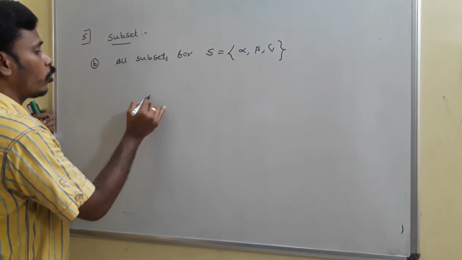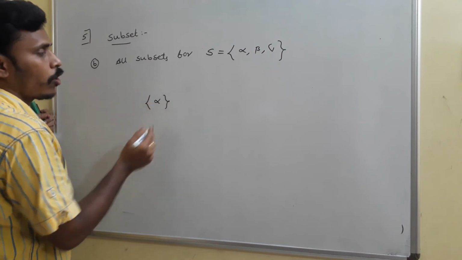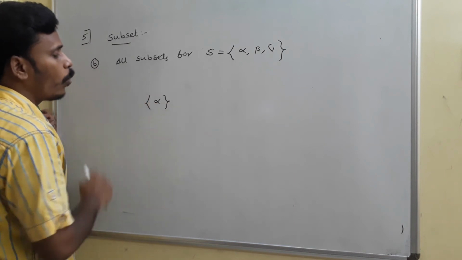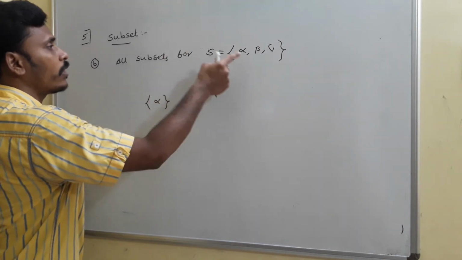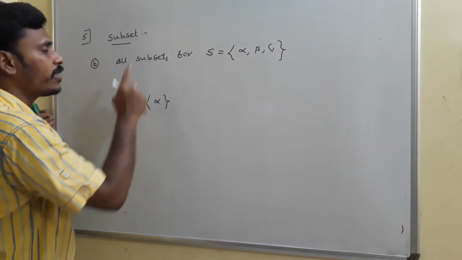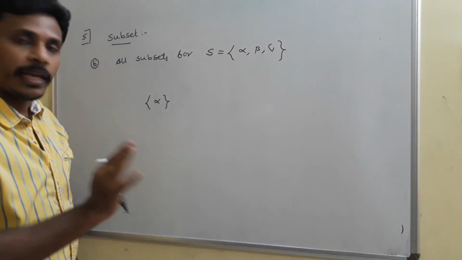For example, if I take the singleton {alpha}, this is a set containing only one element, and that element is for sure in the set S. So I say this set is a subset of S. Right?